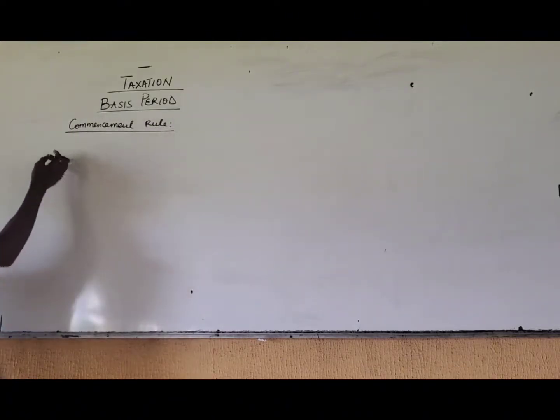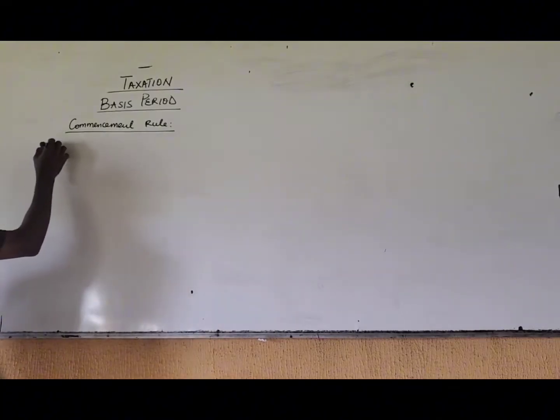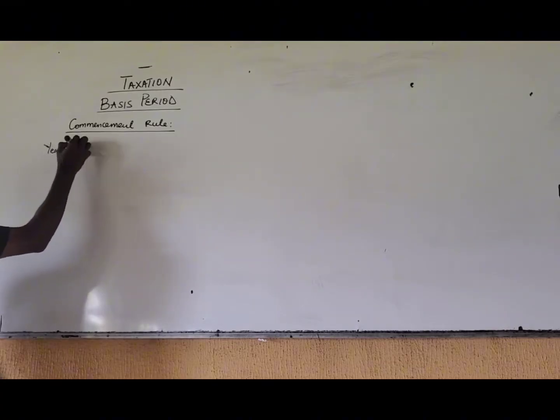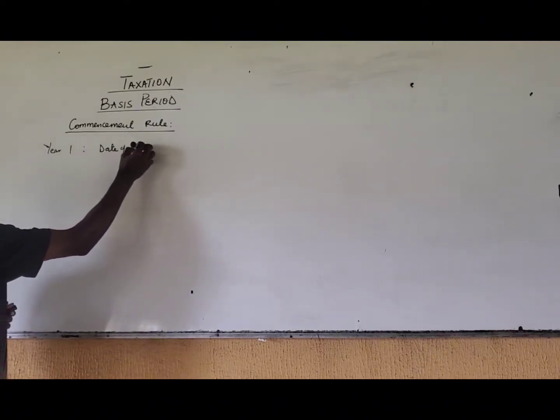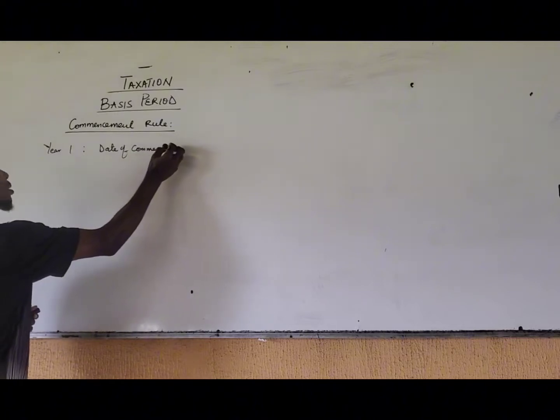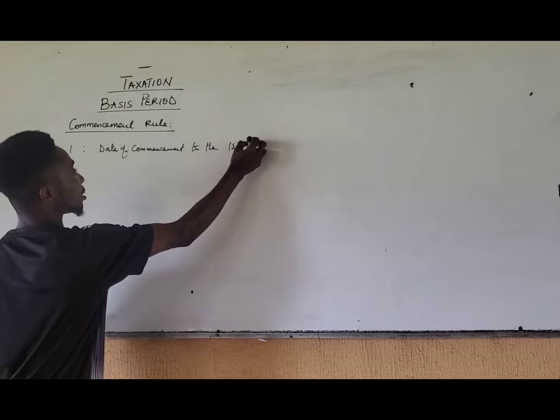So under commencement provision, the first rule says identify the year the business started operation. Then for that year, the year they start, which is year 1, assess the business from date of commencement to the first accounting year end.